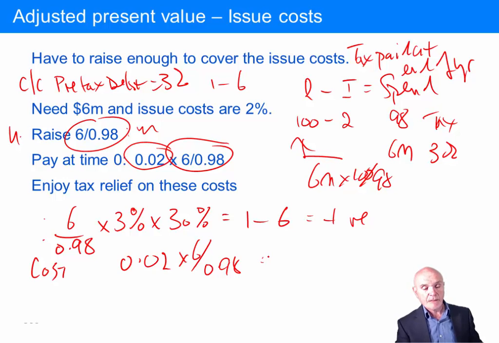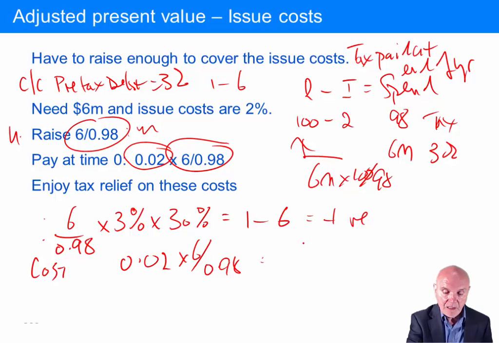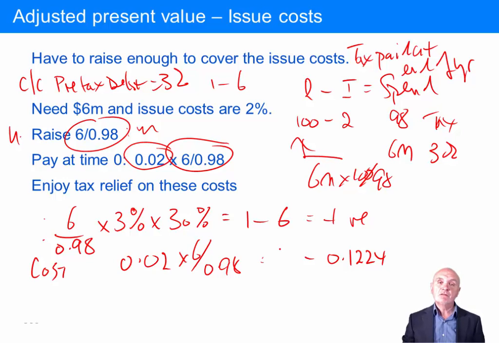So what's that amount to? We have to pay that away now here. So we've got 6 divided by 0.98. The amount we actually raise is 6.122 times 0.02. We have about minus 0.1224 goes immediately to our professional advisors.